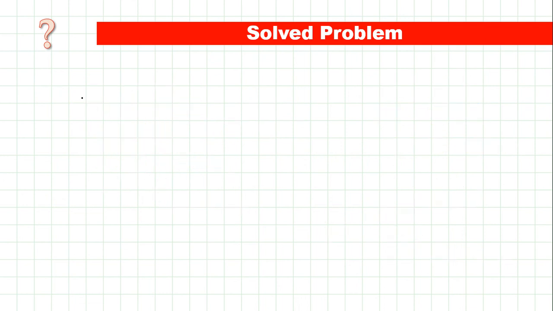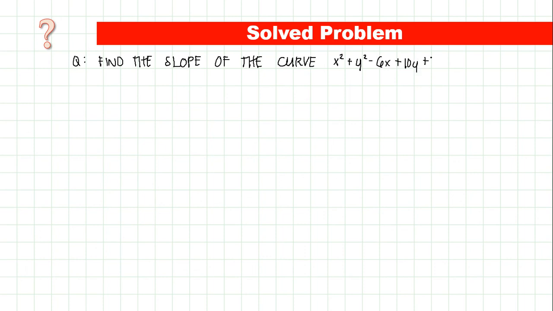Let's find the slope of the curve x squared plus y squared minus 6x plus 10y plus 5 is equal to 0 at point 1 and 0.